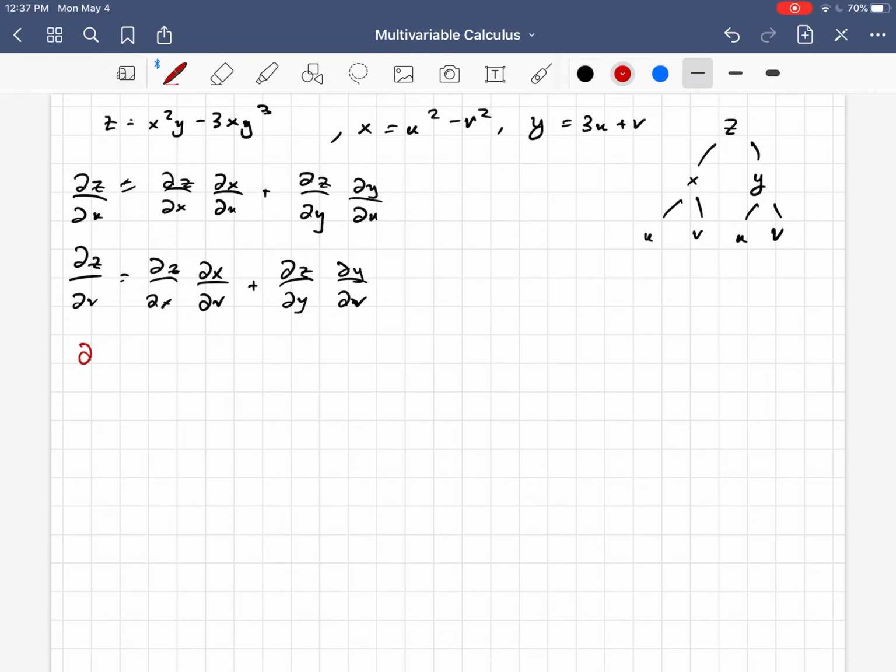And so now we need to calculate what each one of these are. So first of all, partial z with respect to u is going to be partial z with respect to x, so that's 2xy minus 3y cubed, times partial x with respect to u, so that's just a 2u, plus partial z with respect to y, so that's x squared minus 9xy squared, times partial y with respect to u, which is just a 3.